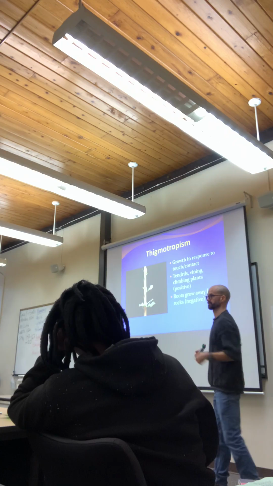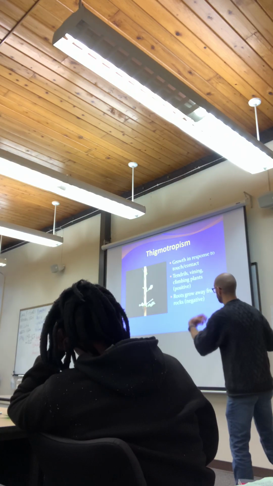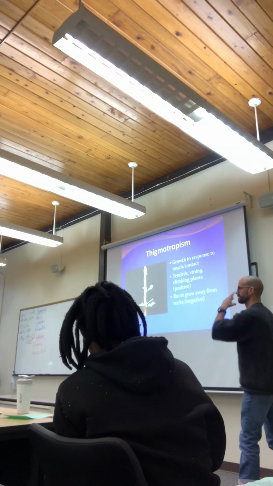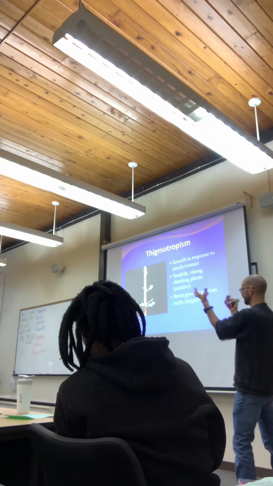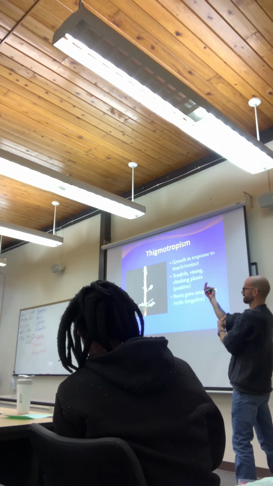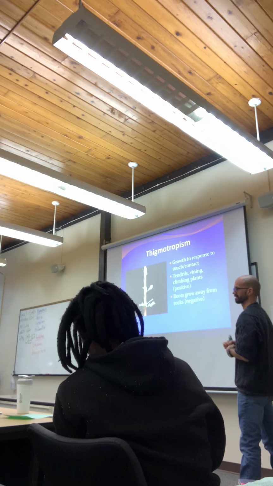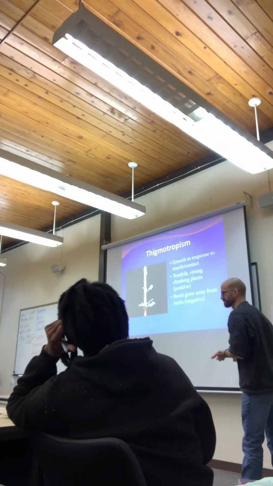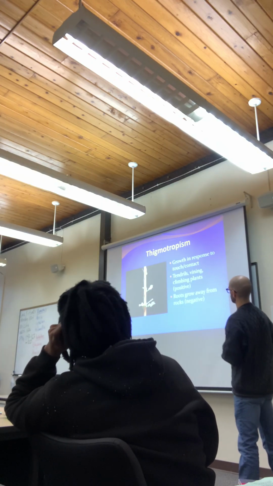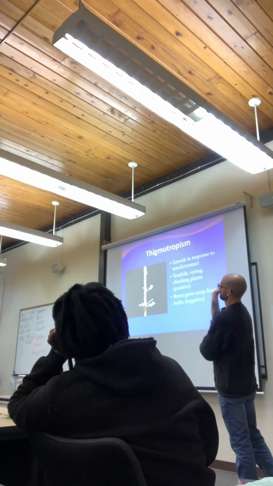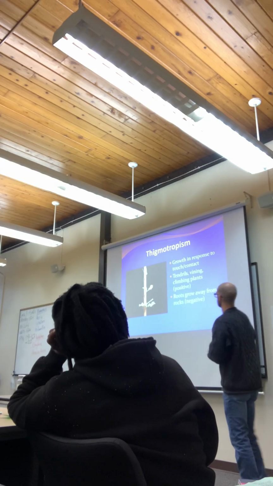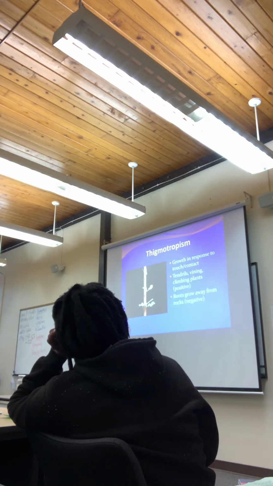Many vines have this type of response, going toward the stimulus of something present that offers support. That's how you can make use of a trellis or a stake or anything, by taking advantage of that. And of course, roots grow away from a touch stimulus. If they encounter a rock, they respond by going around rather than toward, which is what the shoot of that same plant would do.